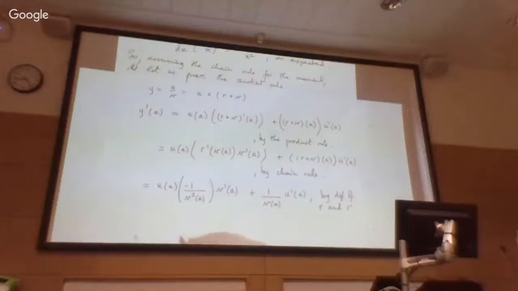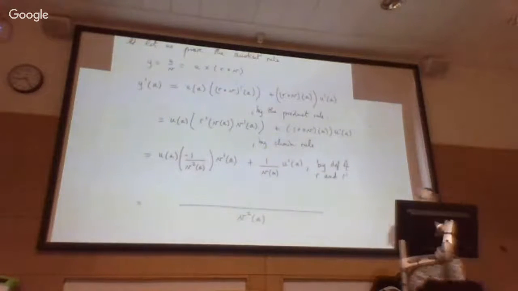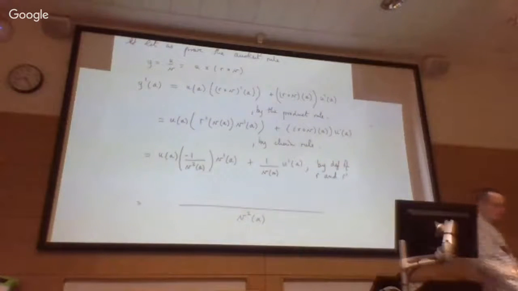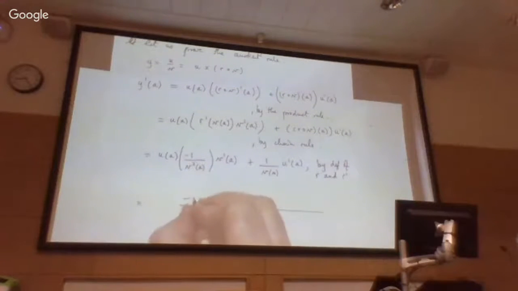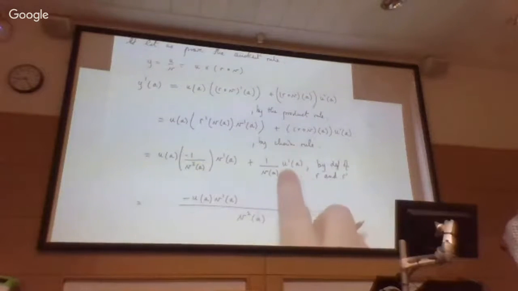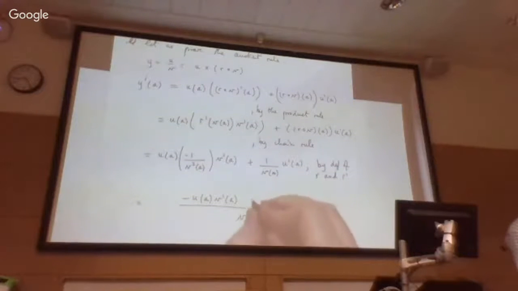But now we're basically going to add these two terms together, and there is a common denominator there of v squared of a. See it there? On the left-hand side, you've got minus u of a times v prime at a. And on the right-hand side, we've got u prime of a, the derivative of u at a, but that's only divided by v of a. So to put it over this denominator, v squared, we've got to multiply it by another v.